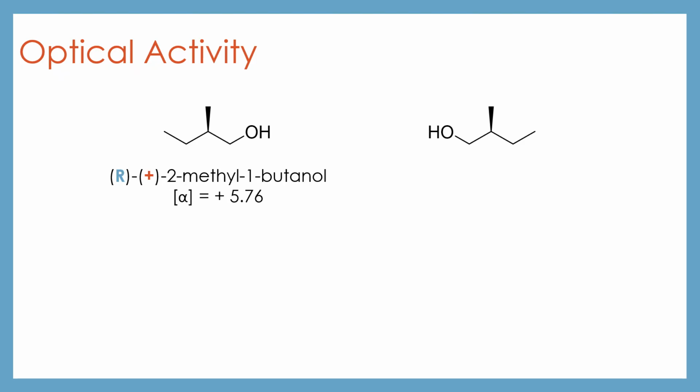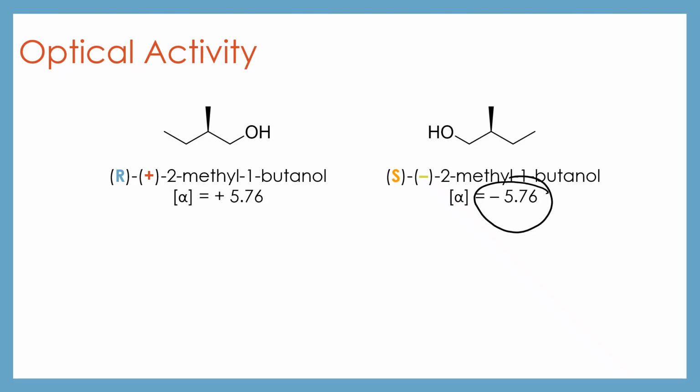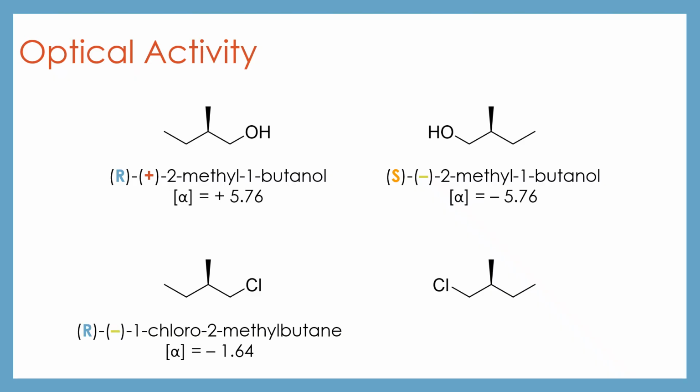So, for example, these two molecules are enantiomers of each other. This first one is the R enantiomer of 2-methyl-1-butanol, and its specific rotation is in the positive direction, 5.76 degrees. Our S isomer rotates in the negative direction, but it's equal but opposite, negative 5.76 degrees.